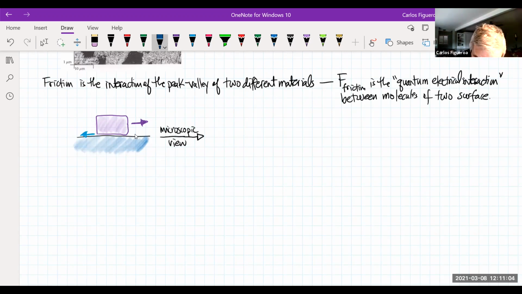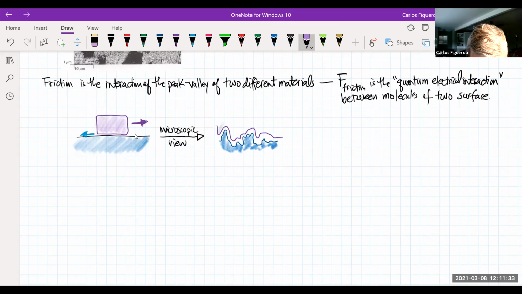And when I'm thinking about the blue surface here, I have peaks and valleys, something like this. So here's my blue surface. And now I need my violet surface. When I'm looking at the violet surface at the microscopic level, it also has peaks and valleys too.